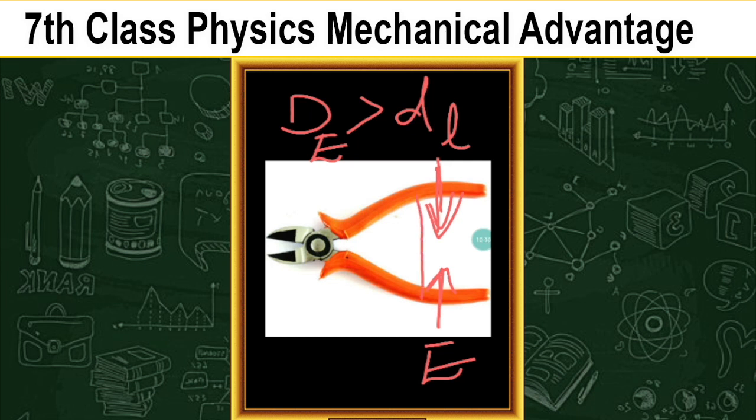In this case, the effort moves a large distance, but the load will move a smaller distance. Here the load is there, so we will keep the wire here. Effort will move a larger distance and load will move a smaller distance.